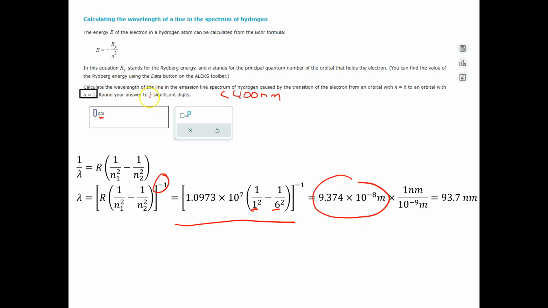They asked for 3 significant figures, which is why I haven't rounded it yet. I've left that at 4 significant figures. I'll round it at the very end. And then they want it in nanometers, so I have to do one more step to turn it into nanometers. And there it is, 93.7 nanometers, which is very much less than 400 nanometers. So I feel pretty happy about my answer.